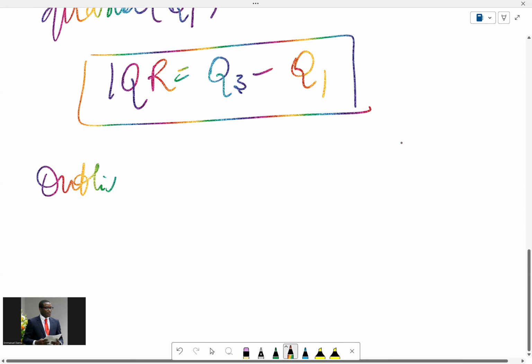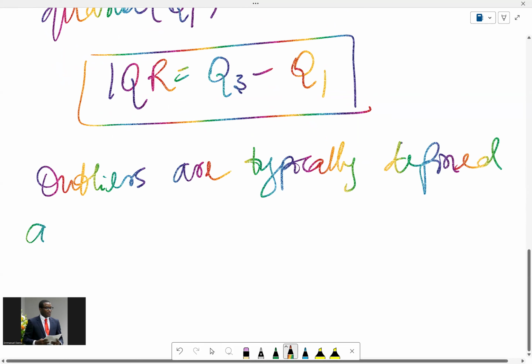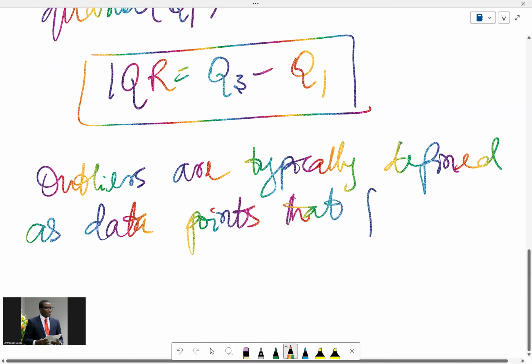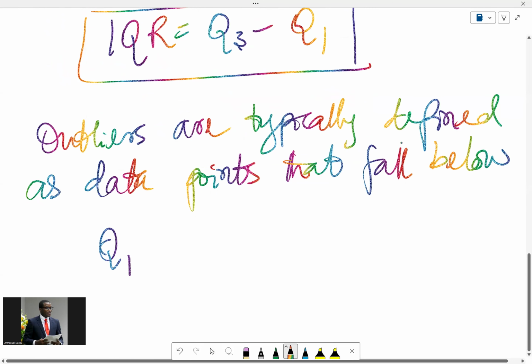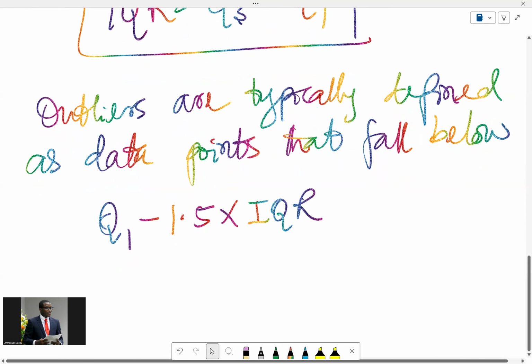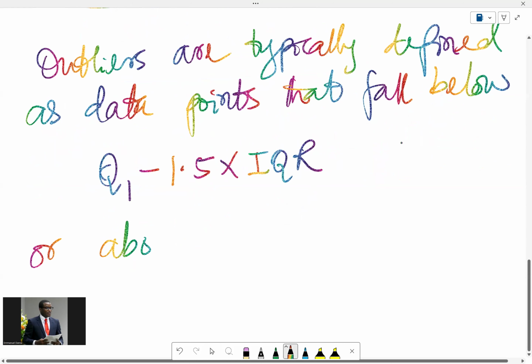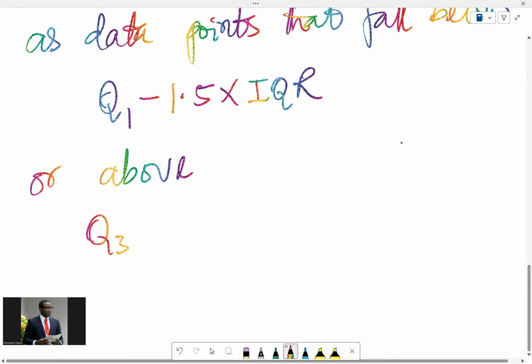So what is the connection of outliers with interquartile range? Outliers are typically defined as data points that fall below the first quartile minus 1.5 times the interquartile range, that is Q1 minus 1.5 times IQR, or any data point that falls above Q3 plus 1.5 multiplied by the interquartile range.